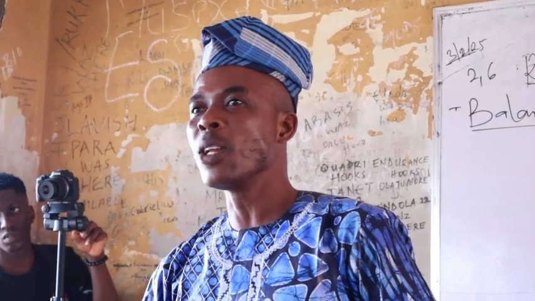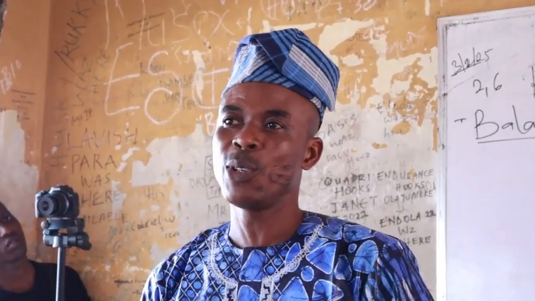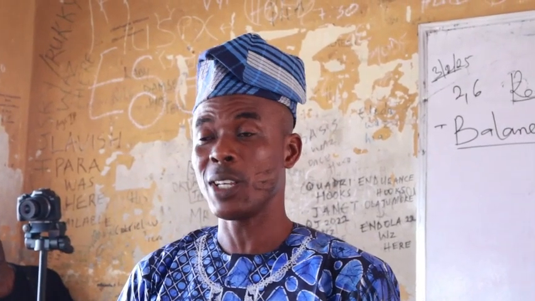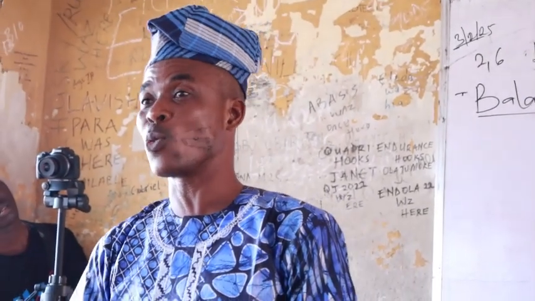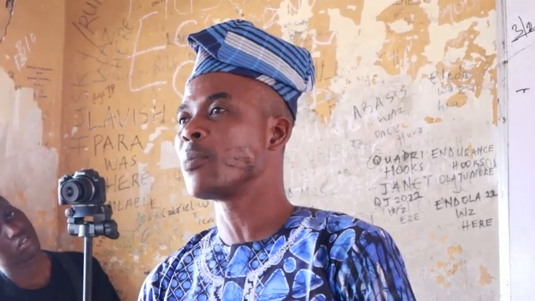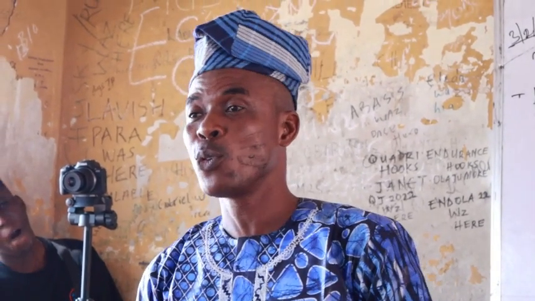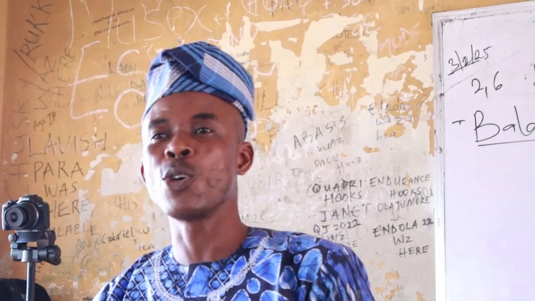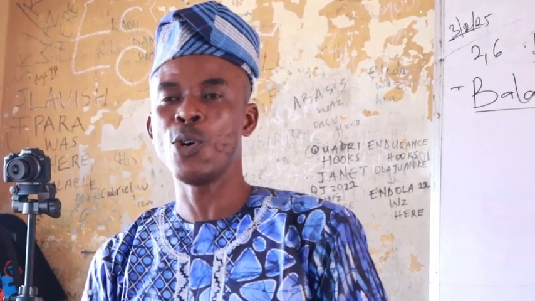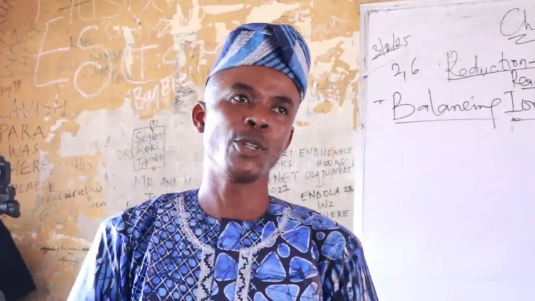So if ionic equation is given to you, there are steps you follow if you are to balance the equation correctly. So we are going to look at those steps that are required, and I will give you some equation to balance them, either in acidic medium or alkaline medium.